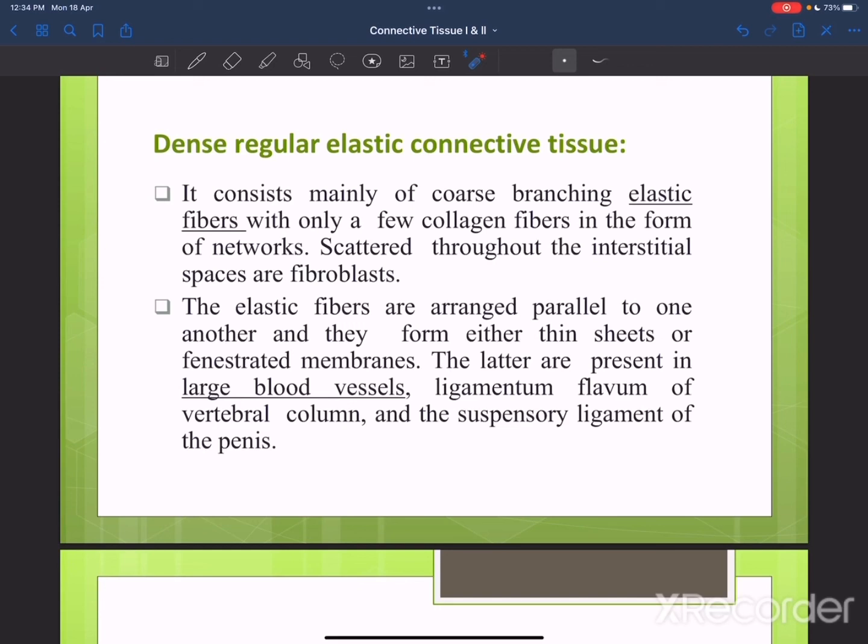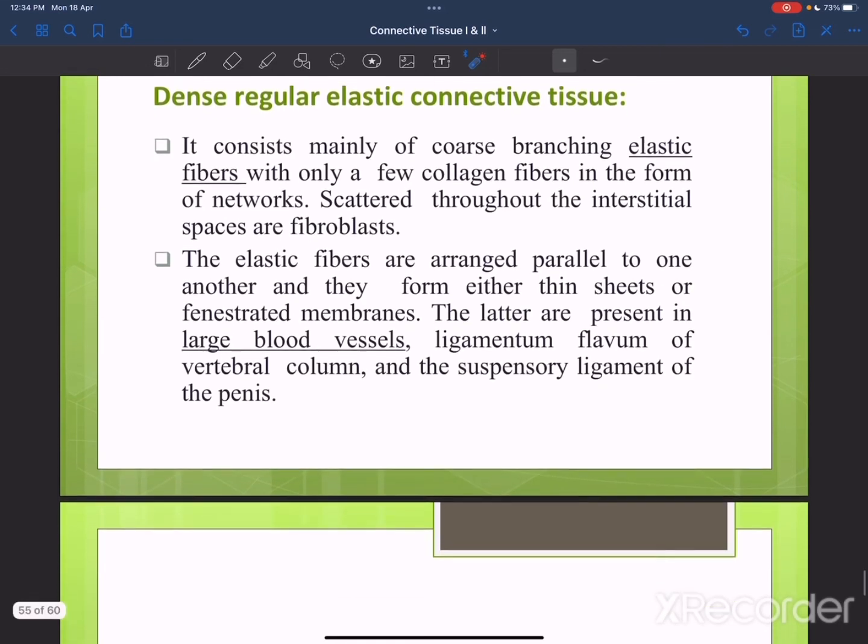Another example is the ligamentum flavum of the vertebral column, or the suspensory ligaments of the penis. Again, it means tensile strength or more elasticity. So it has this type of dense regular connective tissue, the elastic one.